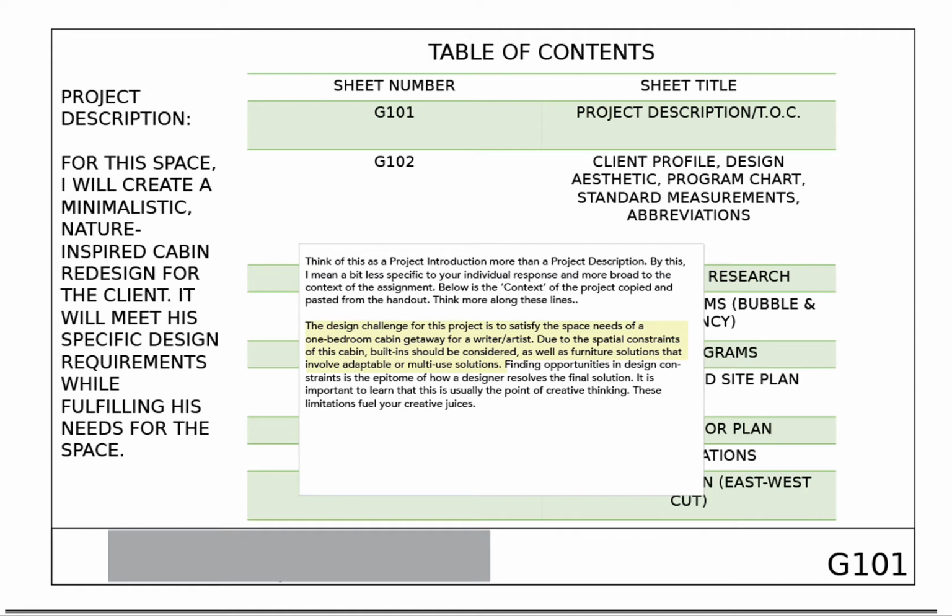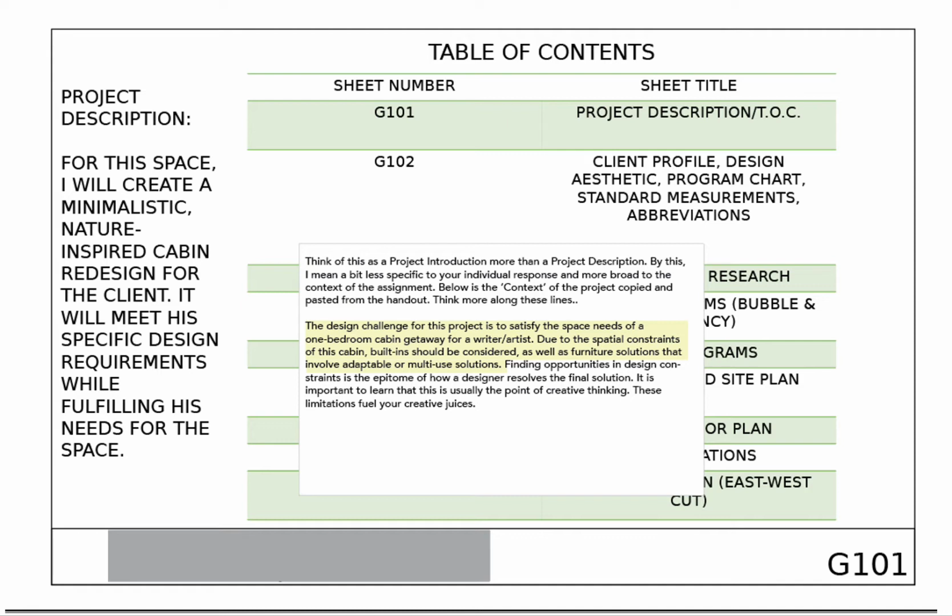I have copied and pasted it below, and the highlighted portion is the portion that specifically deals with what you might put on this page. It says the design challenge for this project is to satisfy the space needs of a one-bedroom cabin getaway for a writer/artist. Due to the spatial constraints of this cabin, built-ins should be considered, as well as furniture solutions that involve adaptable or multi-use solutions.